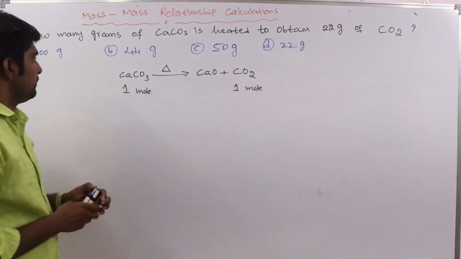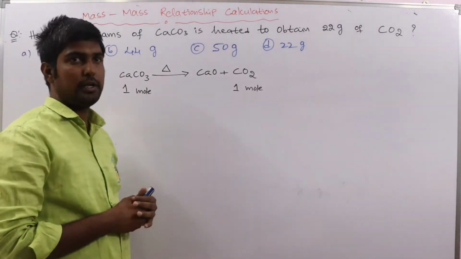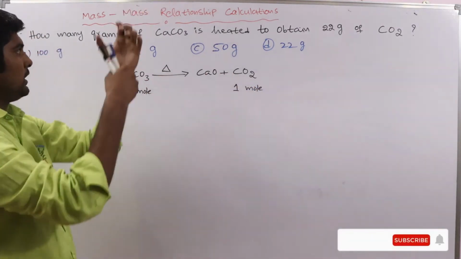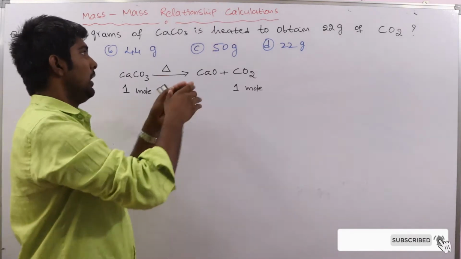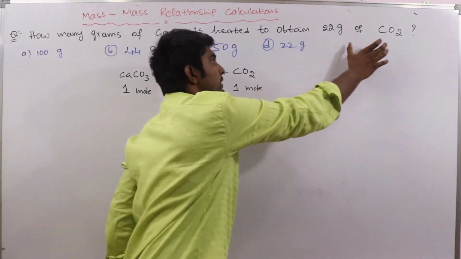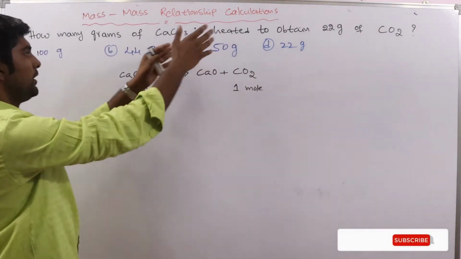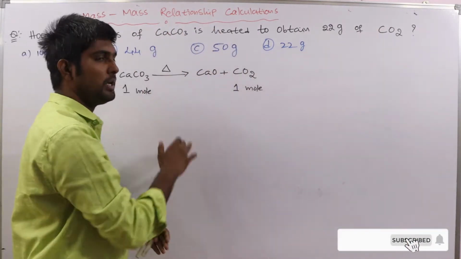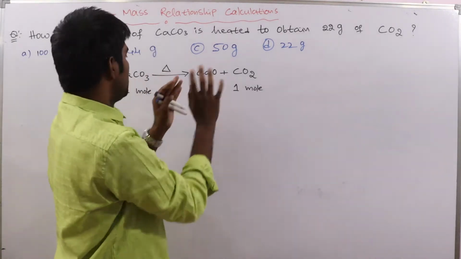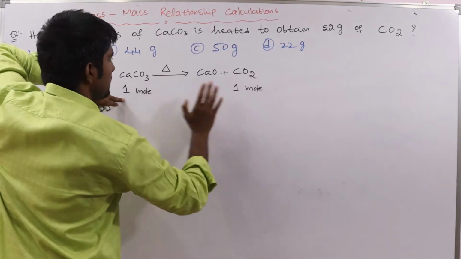According to the equation, 1 mole of CO2 is formed. They asked how many grams of CaCO3 is heated to get these many grams of CO2. So in the given question, CaO is not involved, so don't consider this one. Forget about this right now. Only we should focus on these two.